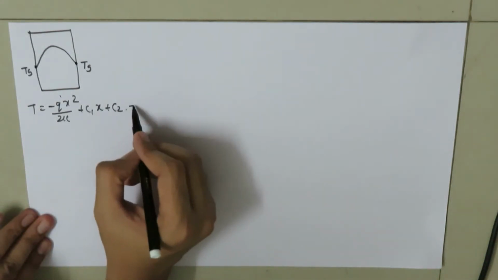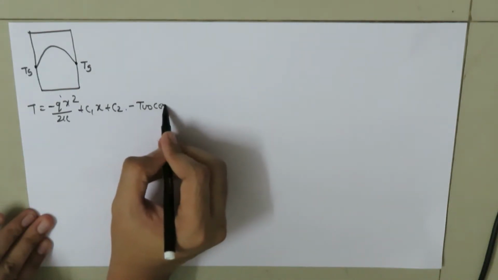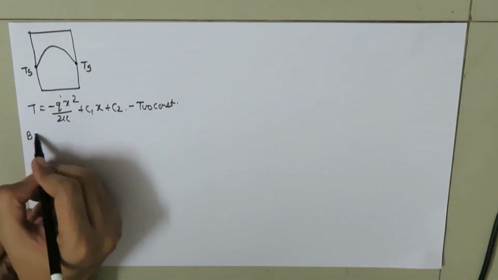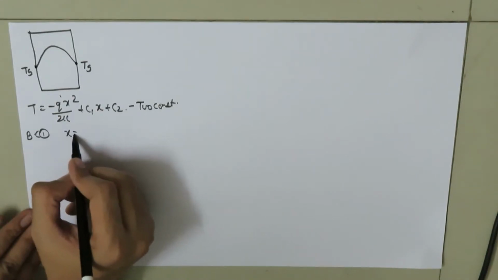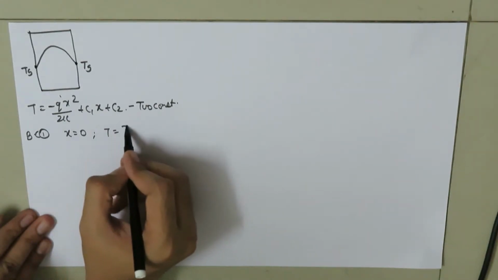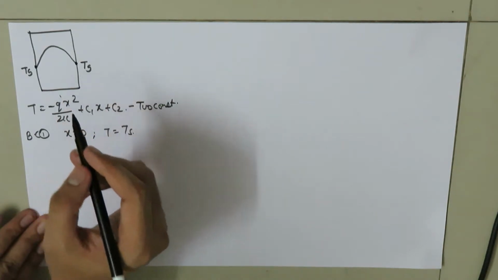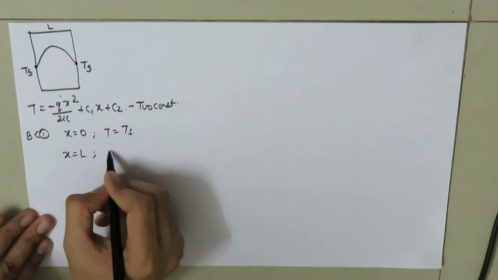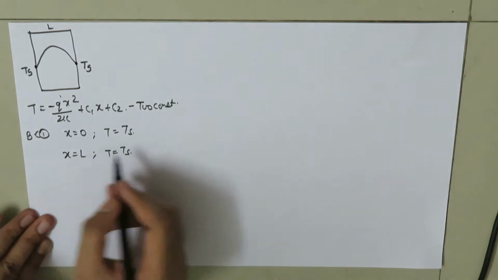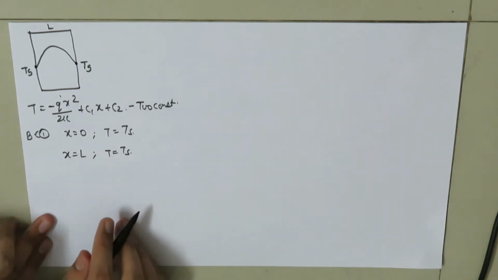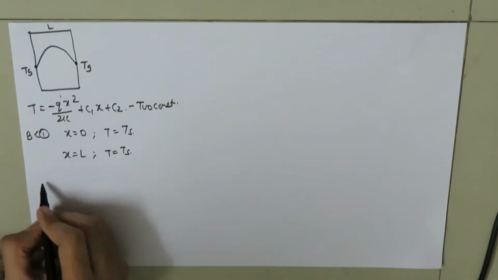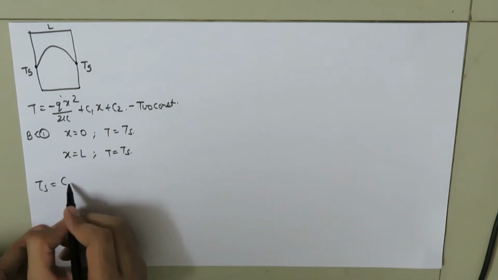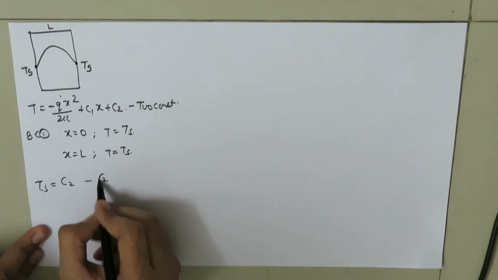As we have two constants, we need to take two boundary conditions. Our first boundary condition is when x is equal to 0, T is equal to Ts, and let's suppose that the thickness of this slab is L. So when x is equal to L, T is equal to Ts. By making use of boundary condition 1, we know that Ts is equal to 0 plus 0 plus c2. Let's call this equation number 2.